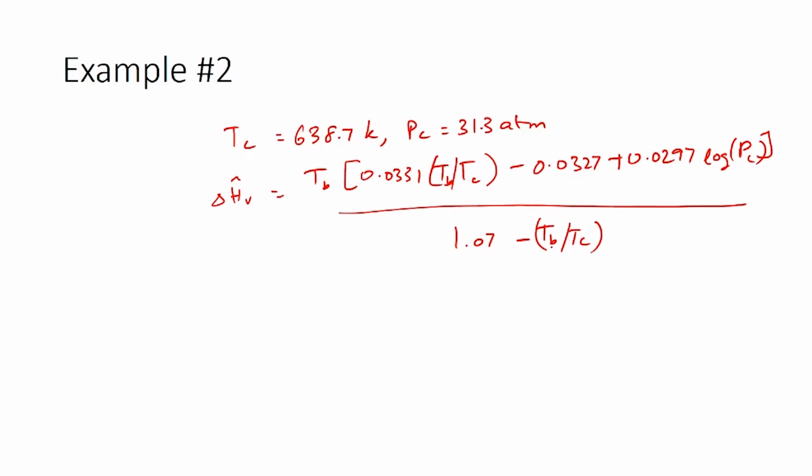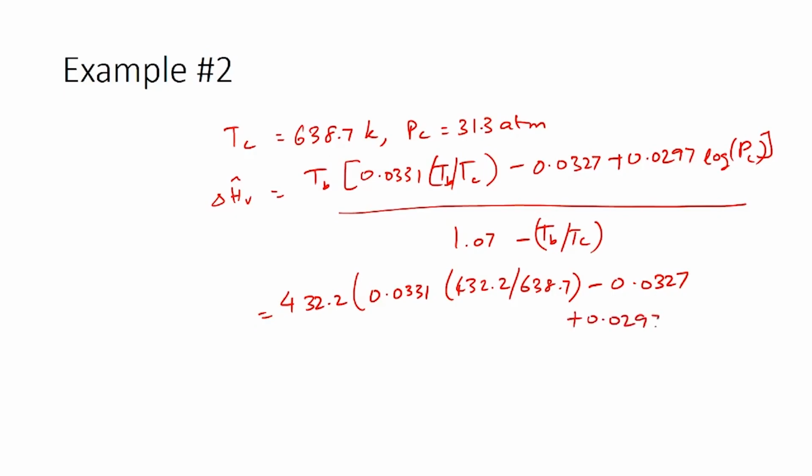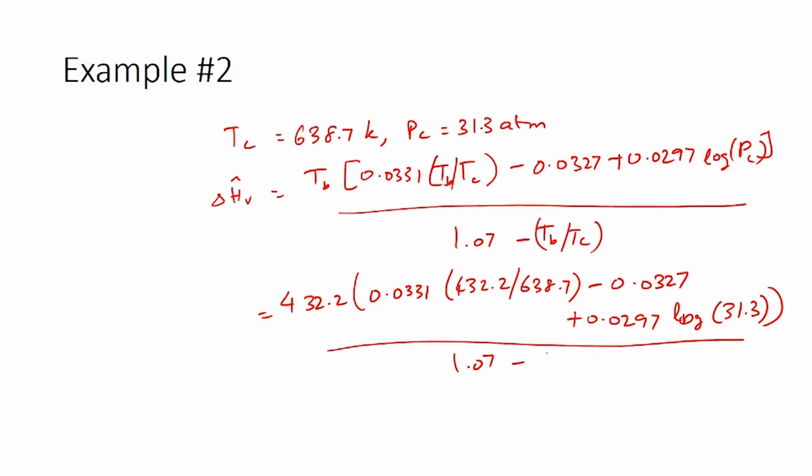Substituting the values, we would get 432.2 times 0.0331 times 432.2 divided by 638.7 minus 0.0327 plus 0.0297 times log of 31.3, which is the critical pressure, divided by 1.07 minus 432.2 divided by 638.7.